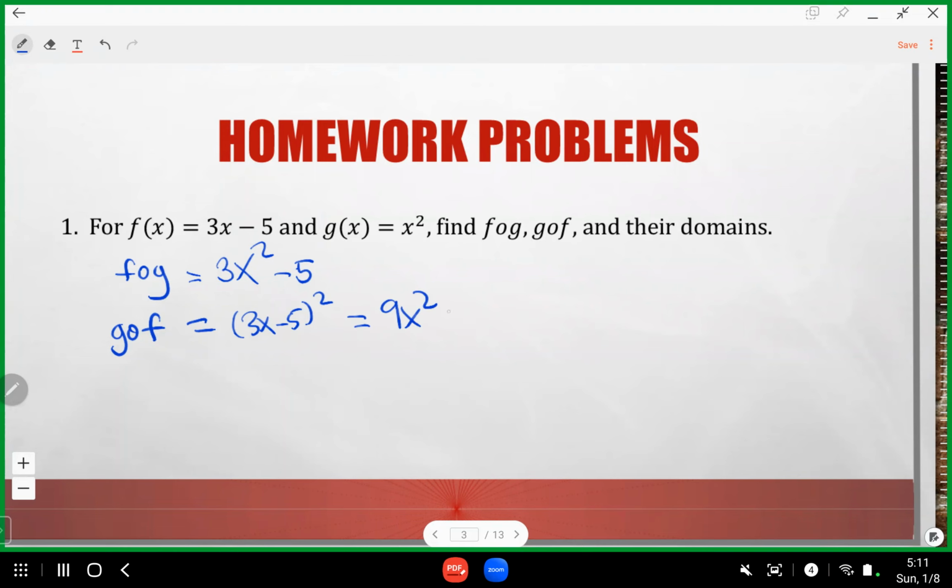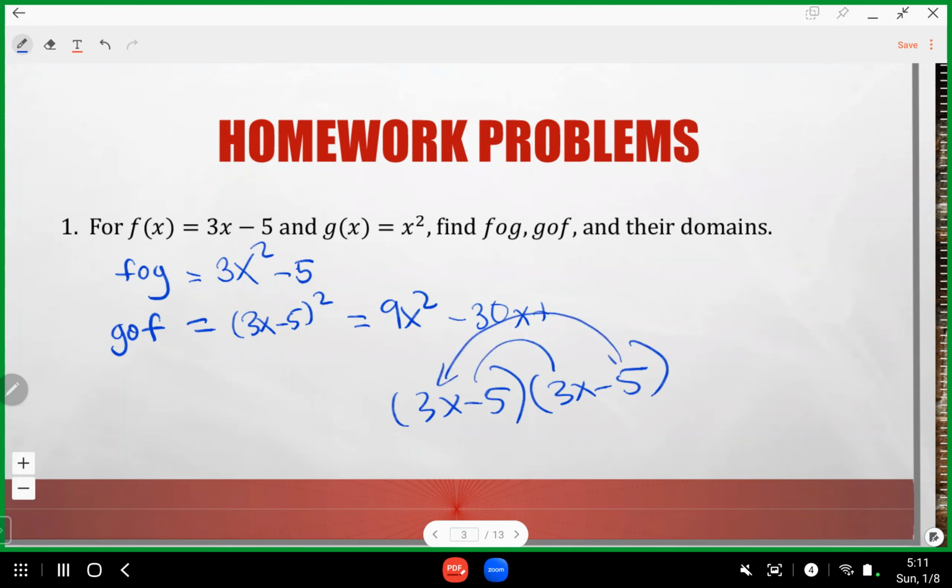9x to the power 2 plus 25, minus 30x first. So this is negative 15x, then you multiply this.